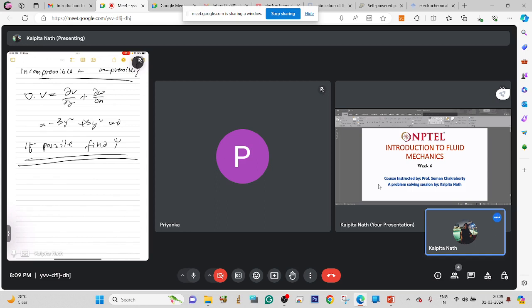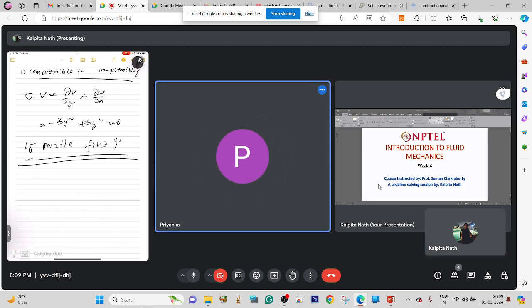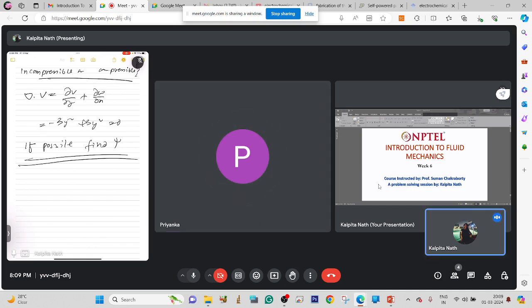Can you find that? Minus y cube z minus 2z square. Correct.